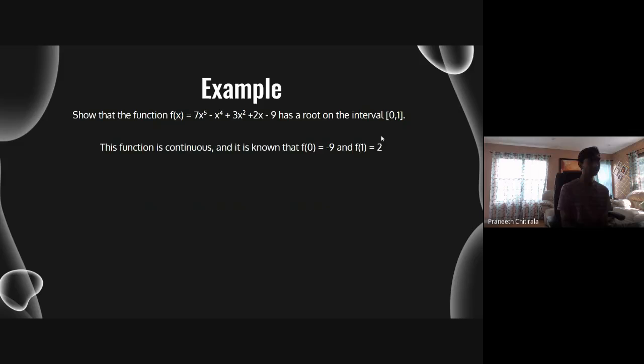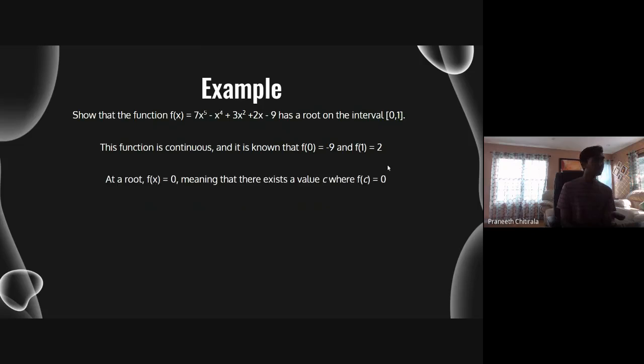So we're going to find the places where f of c equals 0. We know that this function is continuous because it's a polynomial. All polynomials are continuous. And it's known that f of 0 equals -9, and f of 1 is equal to 2.